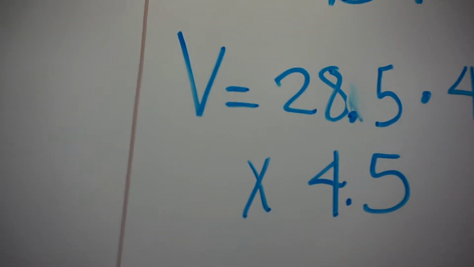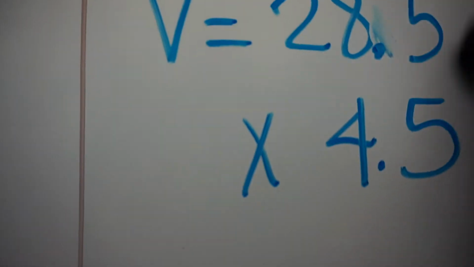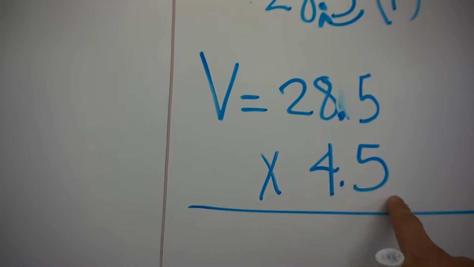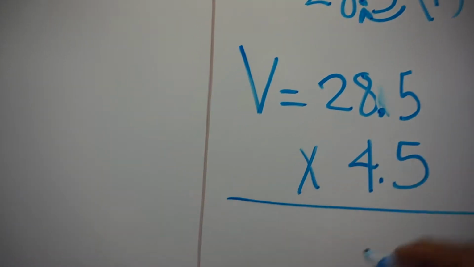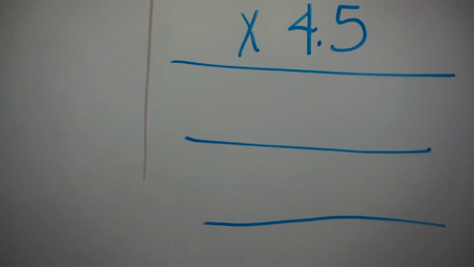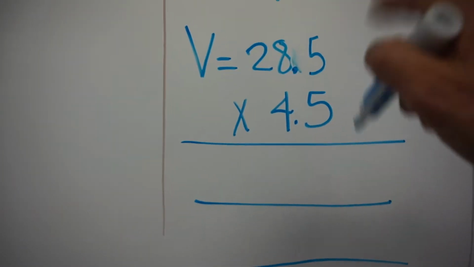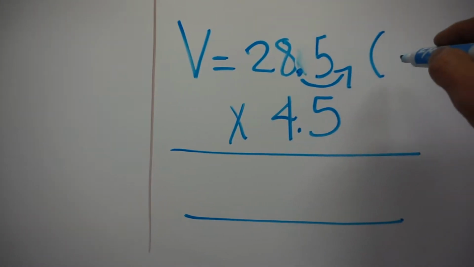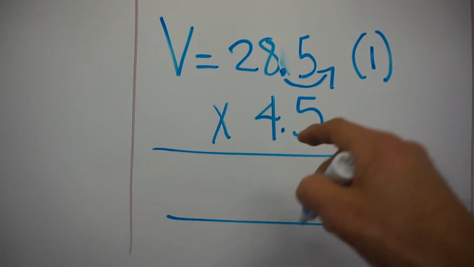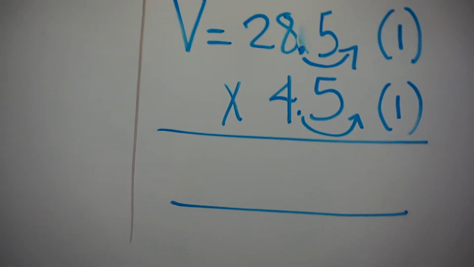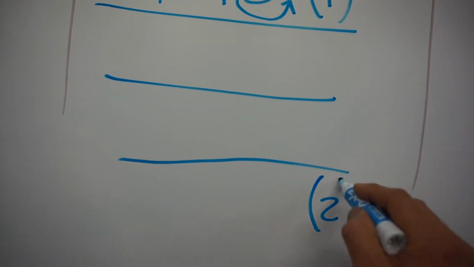Because we have 2 digits multiplying the above number, we have to have 2 answers. So let's do the 5. Once again, when dealing with decimals, on the top number we have 1 decimal, and on the second factor we have 1 decimal. So our answer must have 2 decimals.